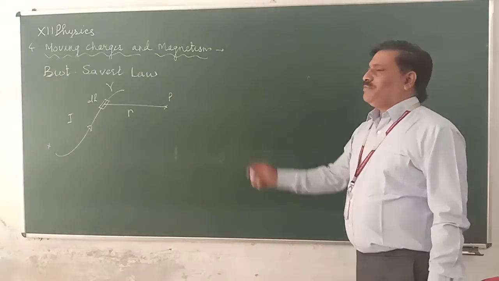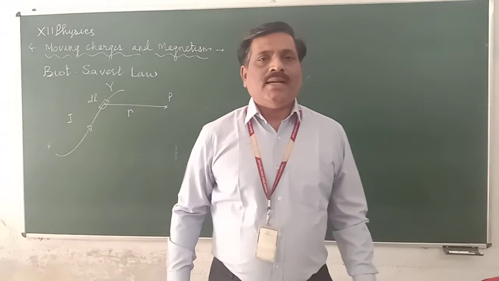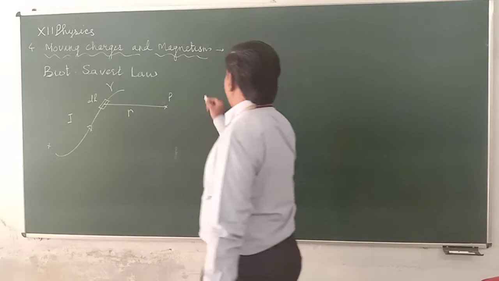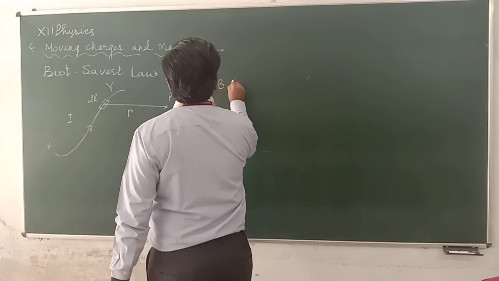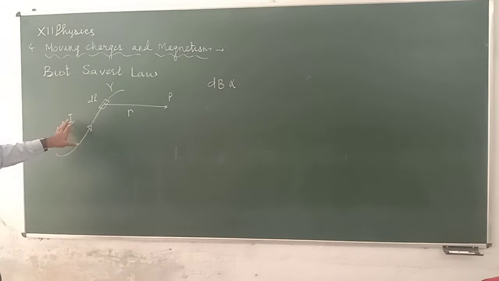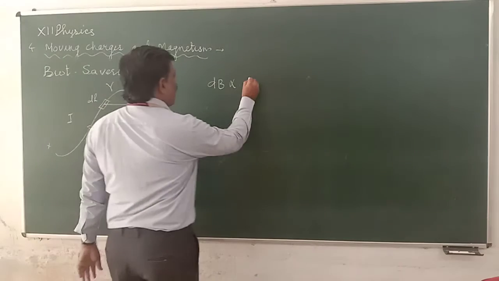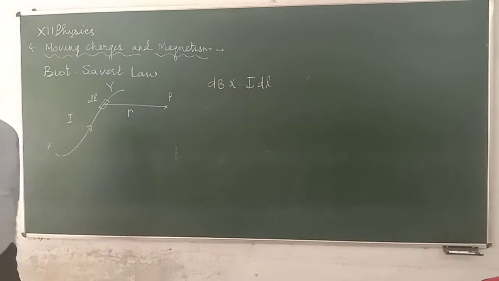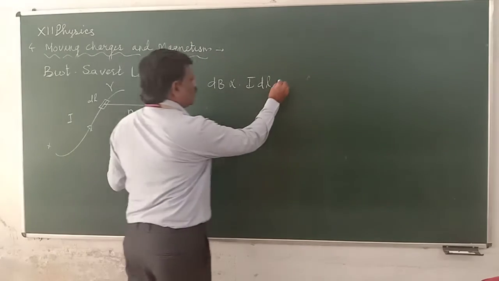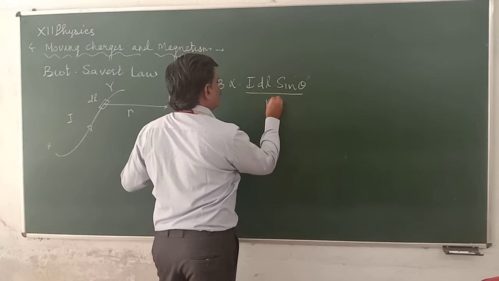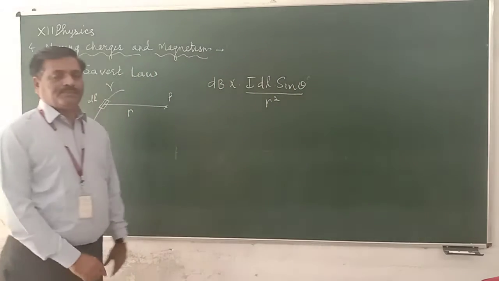To find this magnetic field at point P, Biot and Savart gave a law. He says that the magnetic field dB is directly proportional to the current element, that is I dl. It is also proportional to sine theta, and inversely proportional to r square.